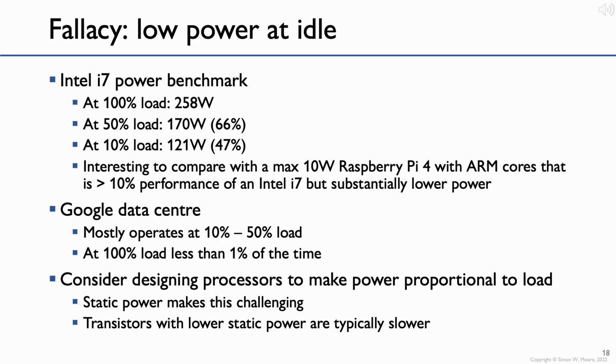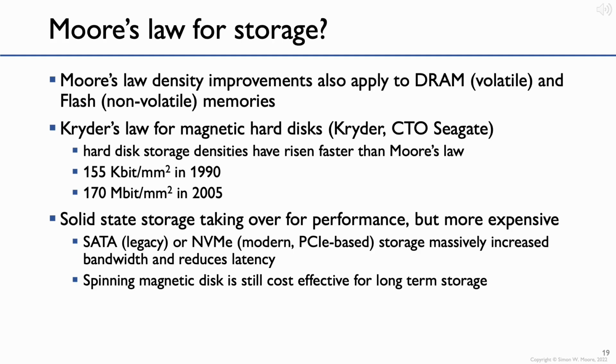Moore's law for silicon transistor density improvements, of course, not only applies to processor chips, but also it actually applies reasonably well to DRAM, which is volatile memory, and non-volatile memory like flash memories. Interestingly though, there's similar sort of improvements we've seen for storage. So magnetic hard disks have actually improved at a greater rate than Moore's law, which is really staggering.